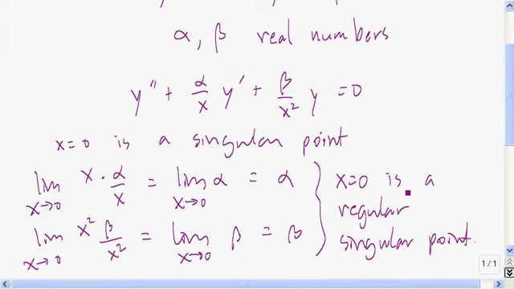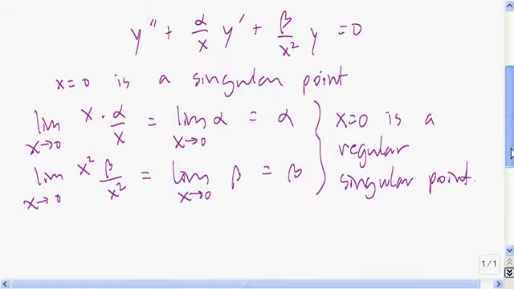All right, let me illustrate this approach through a specific example.